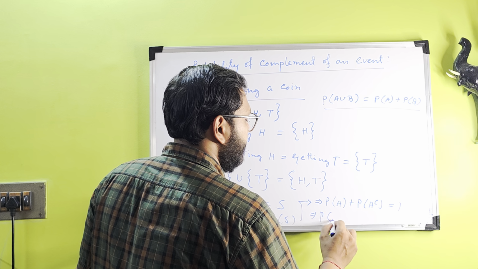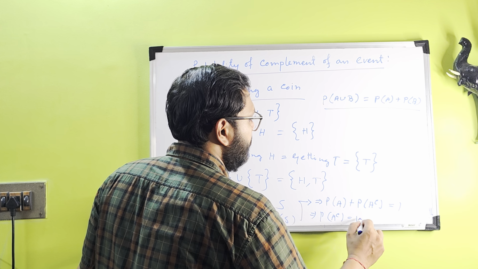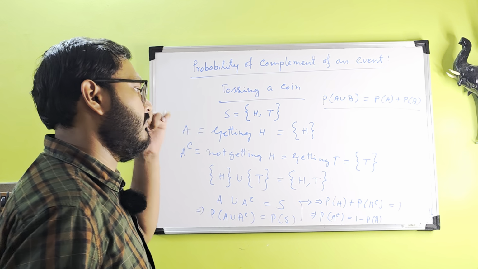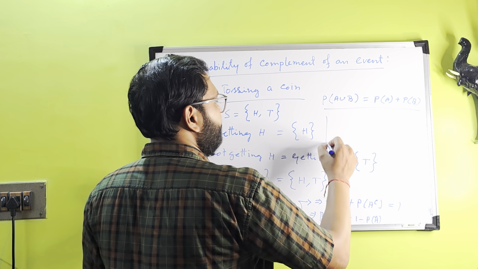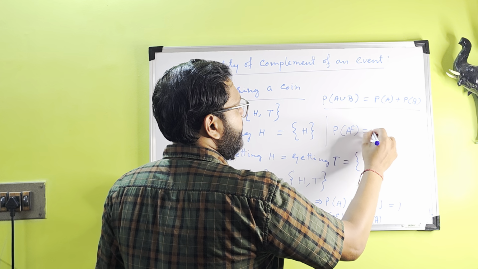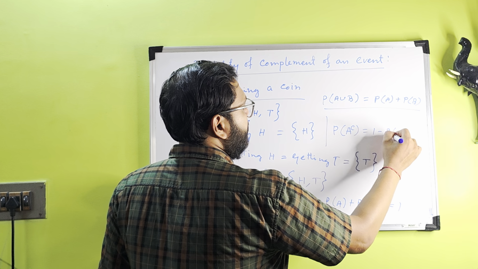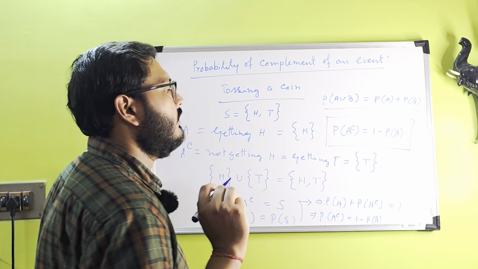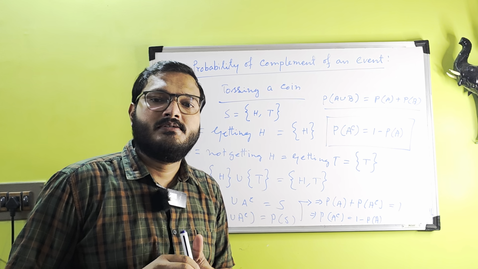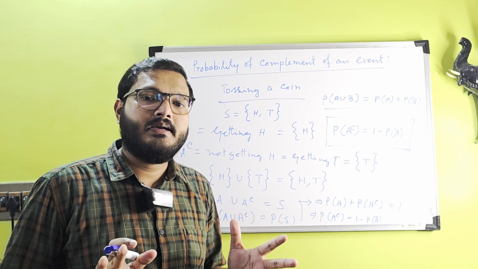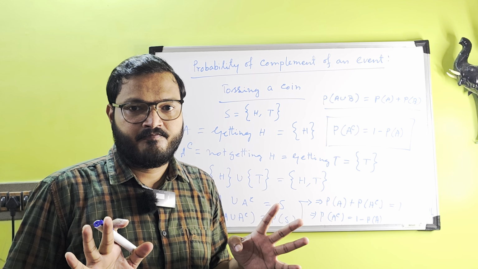That means the probability of A complement equals 1 minus the probability of A. That you have to remember. So the probability of the complement of an event is 1 minus the probability of that event. This is important. By this, the theory portion of probability is finished here.